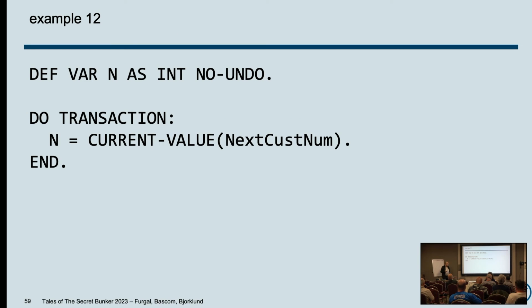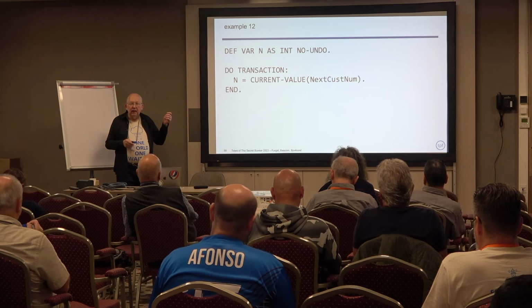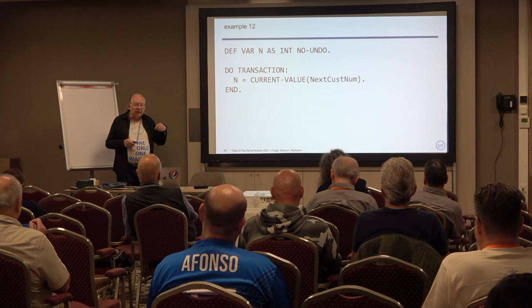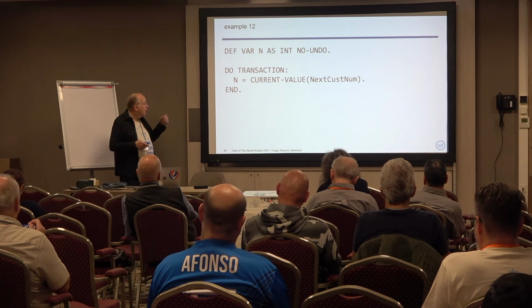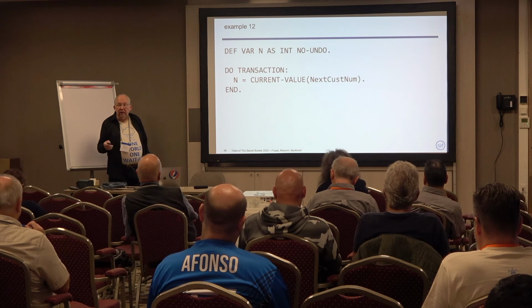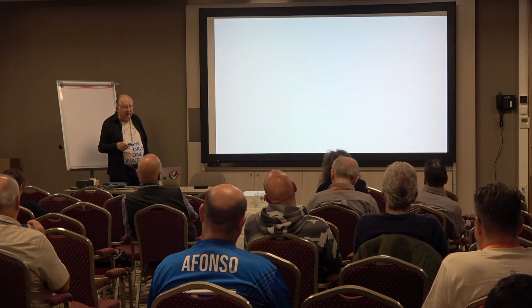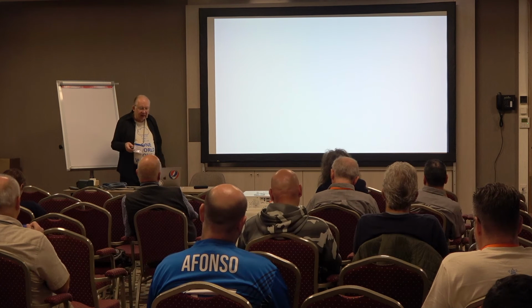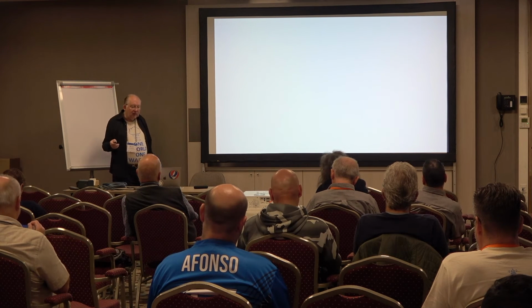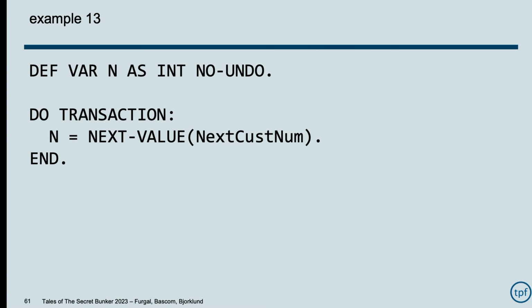How about this one? So here, we're getting the current value of the sequence that the trigger operates on. So the customer number gets assigned out of that sequence by the trigger. So if we go and grab the current value of it, what happens? Nothing, right? Now, what if we do this?